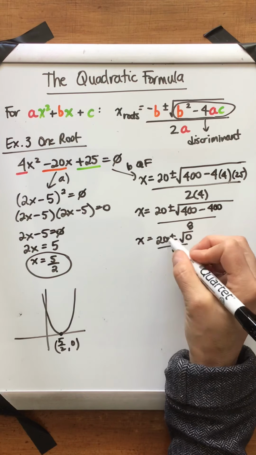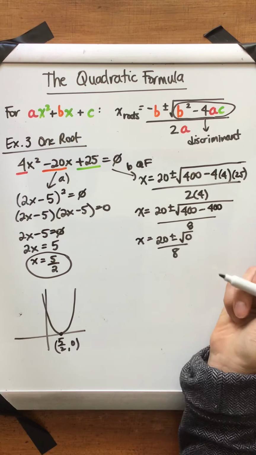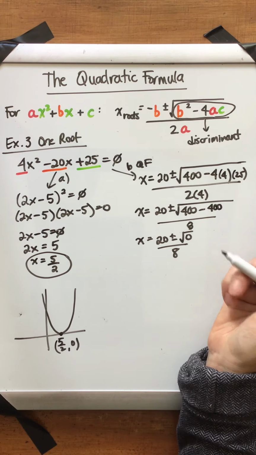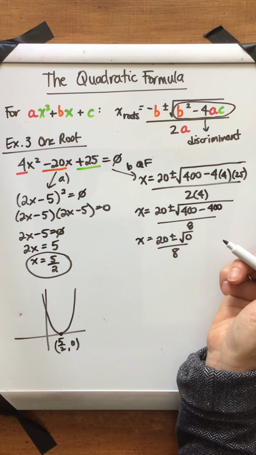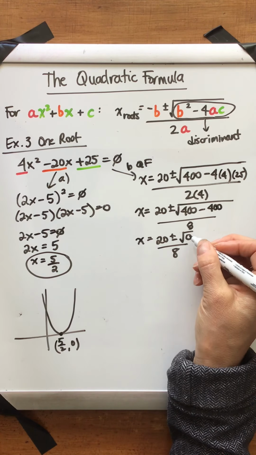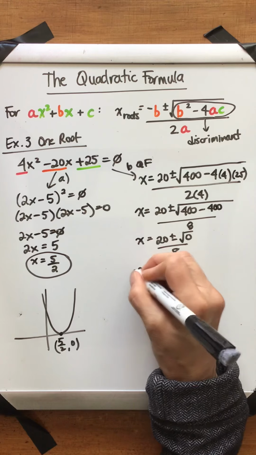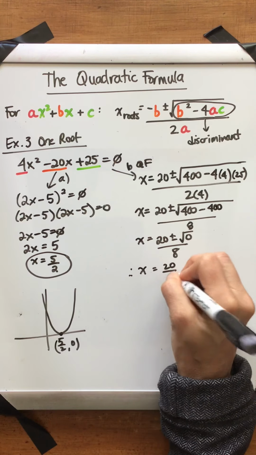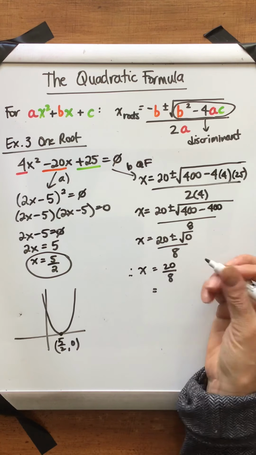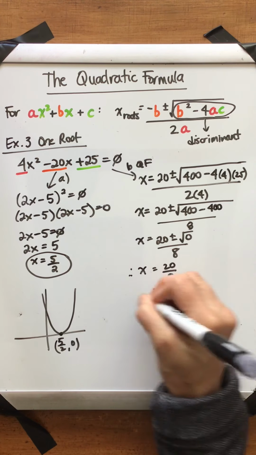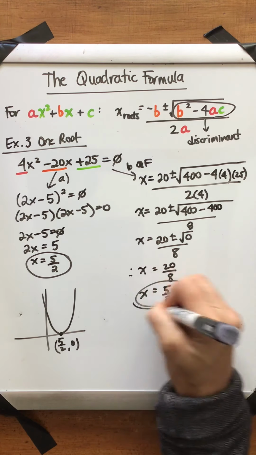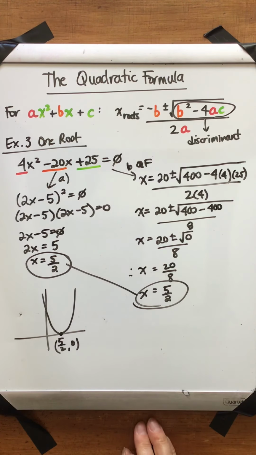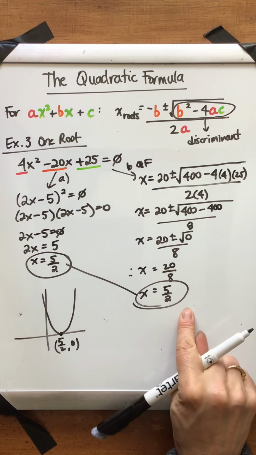So there is no difference between 20 plus the square root of 0 and 20 minus the square root of 0, because the square root of 0 is 0 no matter what. So we only have one root. We have 20 over 8, which can be reduced down if we divide both of them by 4 to 5 halves. And this is not surprising because we found it using the factoring method too. So there's only one root.